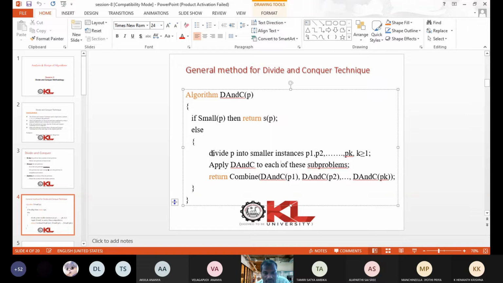First divide the given problem into k subproblems P1, P2, up to Pk. Then we apply this divide and conquer to each of these subproblems.